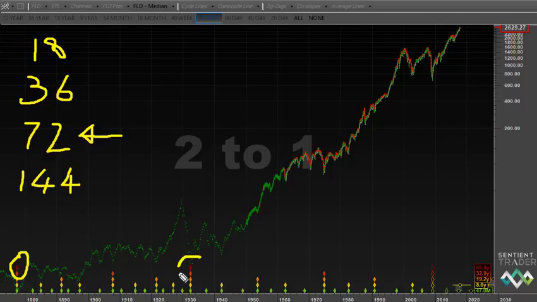The next one, of course, comes in at the 1932 low, and so that's the bottom of the big plunge from 1929. And our next 65 or 66 year cycle, interestingly, comes in here at 2009.